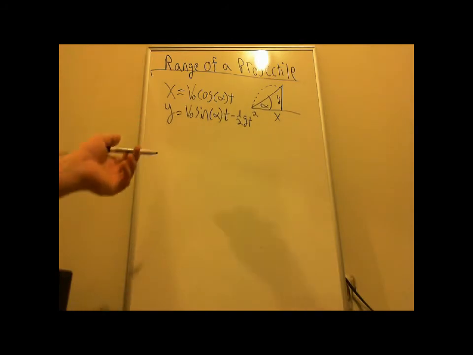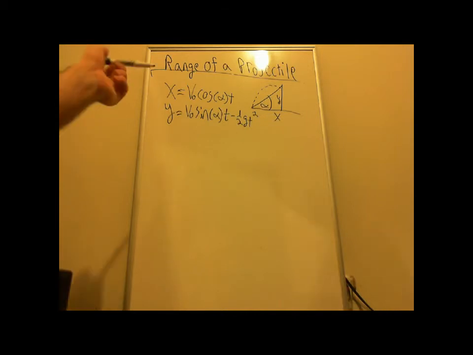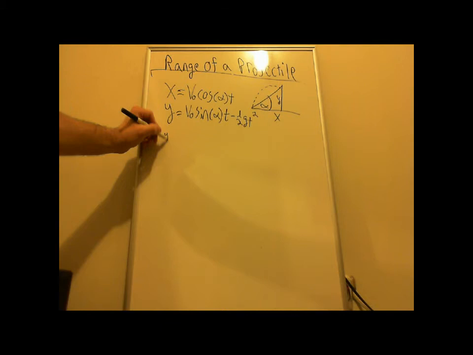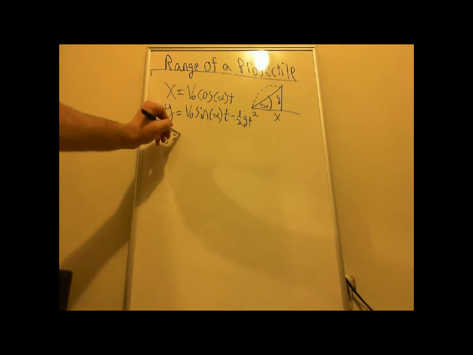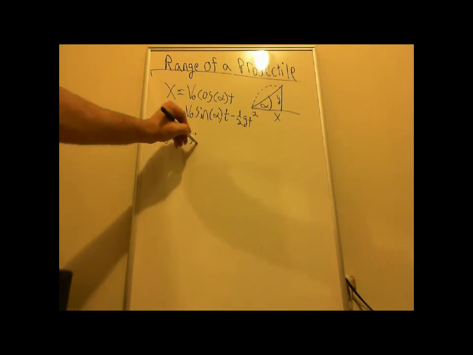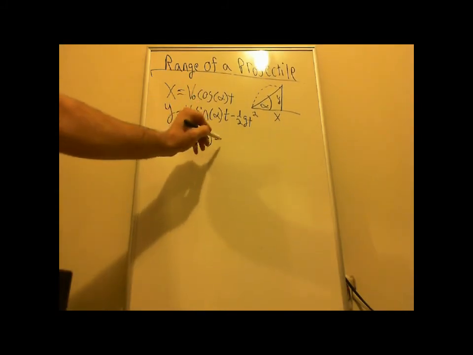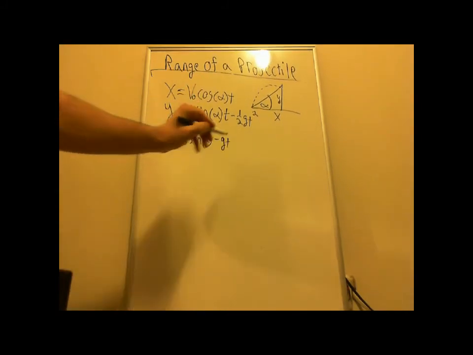Basically, you want to find the time that the y value will be the highest, so the maximum height, and that's really easy to find. You can just take the derivative of this whole thing, so y prime is equal to v naught sine of alpha, there's no t anymore, minus gt.